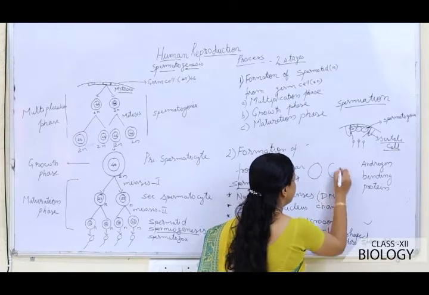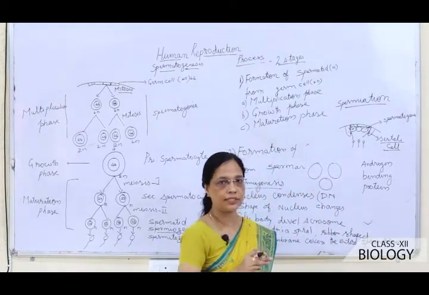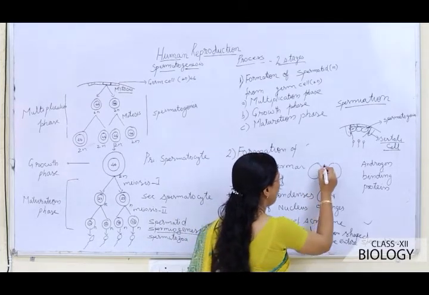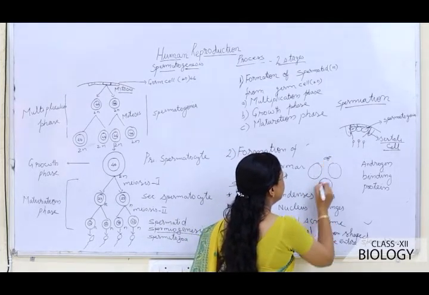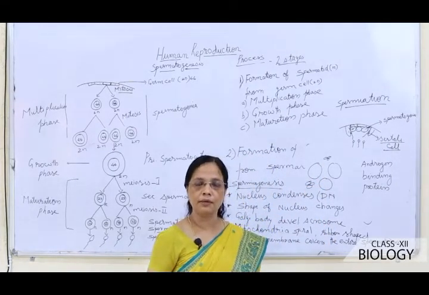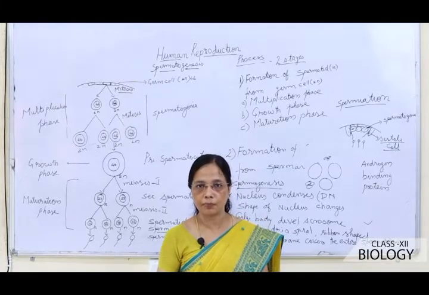Children, if you remember, we have studied that the transverse sections of seminiferous tubules appear in circular form. Here outside you can see the interstitial cells. These interstitial cells secrete androgen. Okay, that we have studied in the male reproductive system.